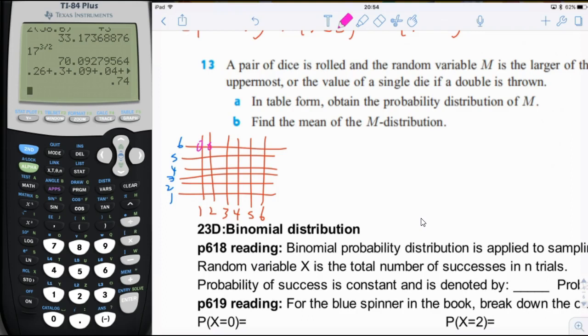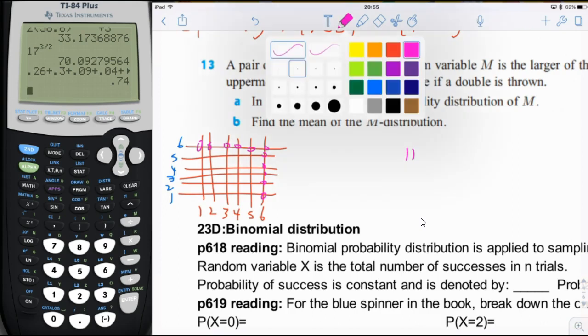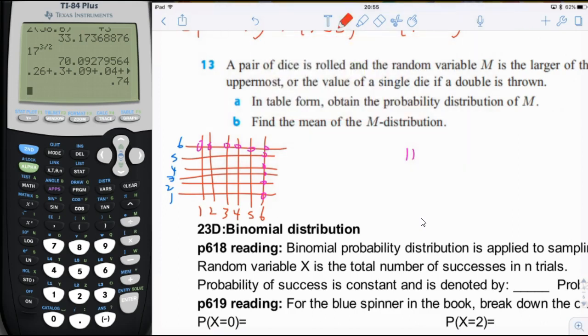That would be these 6 and these 5 additional ones. So the different combinations that will give you a maximum of 6 would be anytime the blue rolls 6 and anytime the red rolls 6. So that's 11 possibilities. Okay, so that would be the different ways of getting a maximum value of 6.